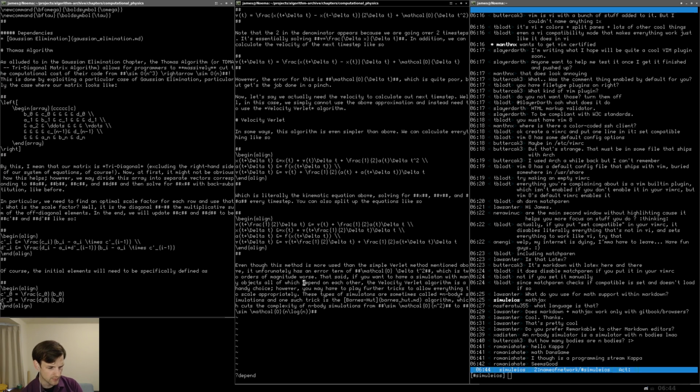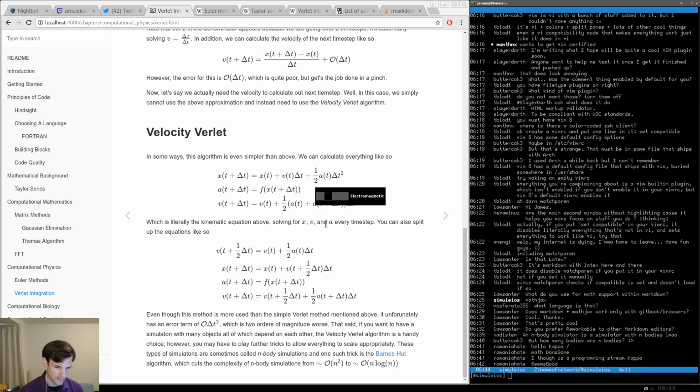If you want to have a simulation with many objects that depend on one another, and we'll say like a gravity simulation, the velocity Verlet algorithm. See what that looks like.